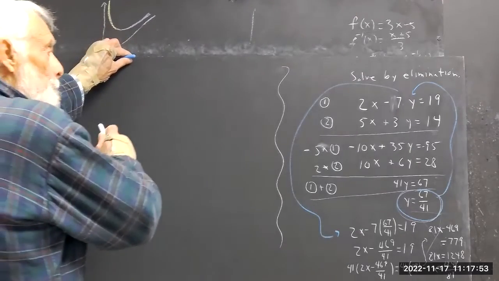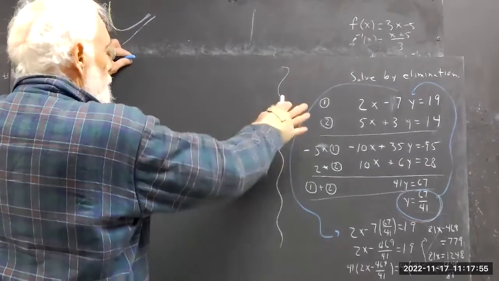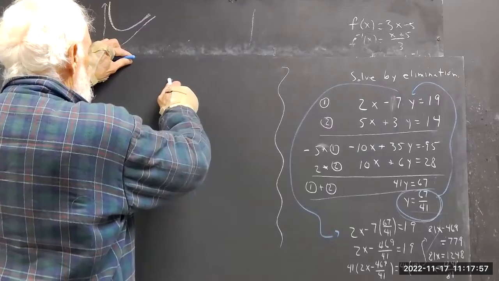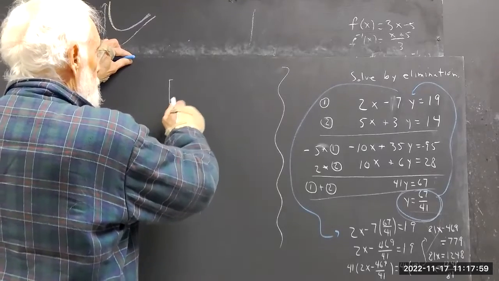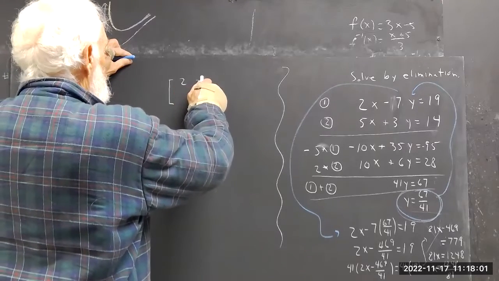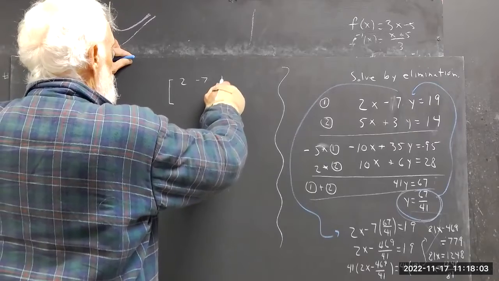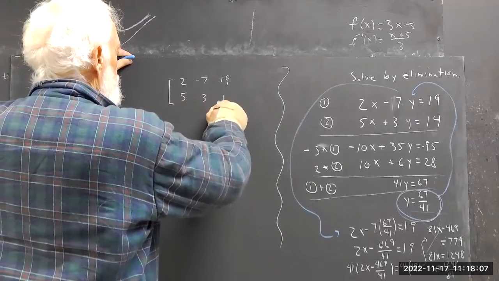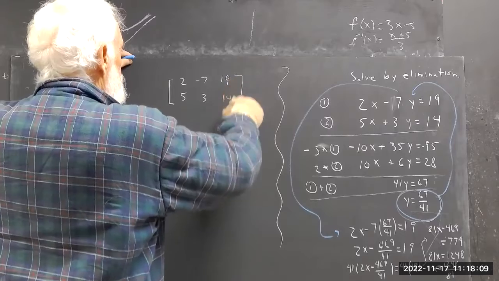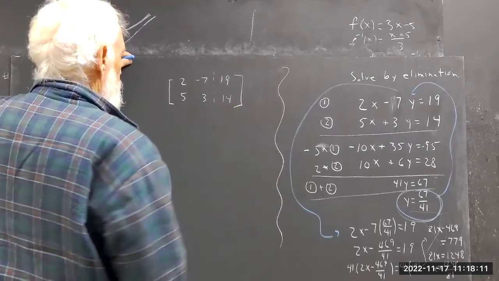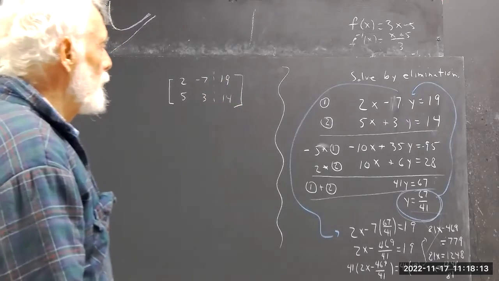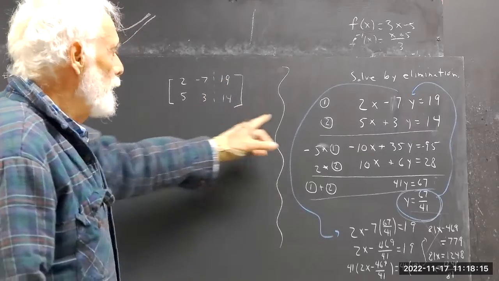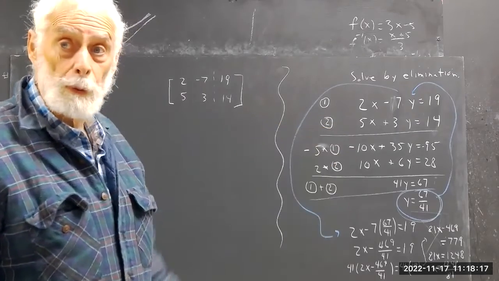Okay, so I'm going to take this system. I'm going to put it between square brackets. I'm going to put a little dotted line here. Do we see how these numbers represent these equations?